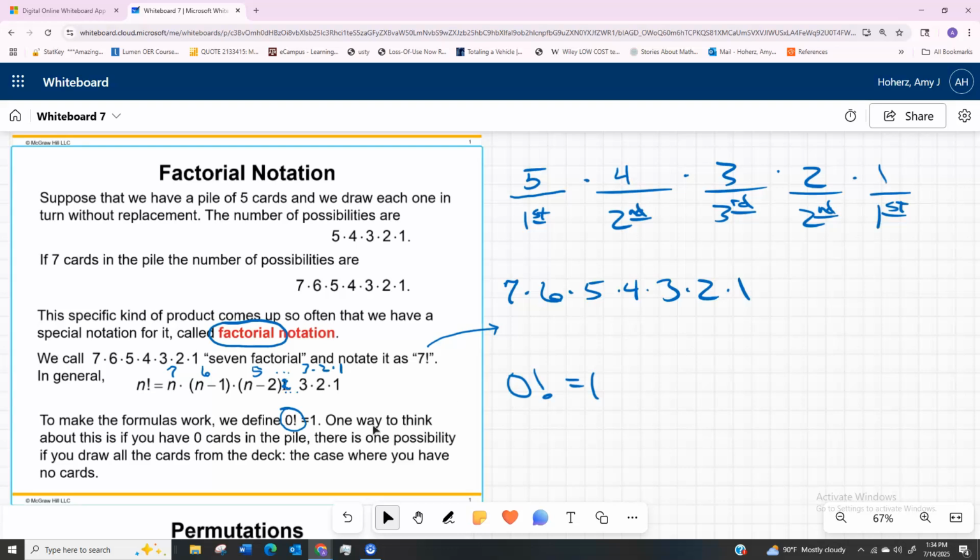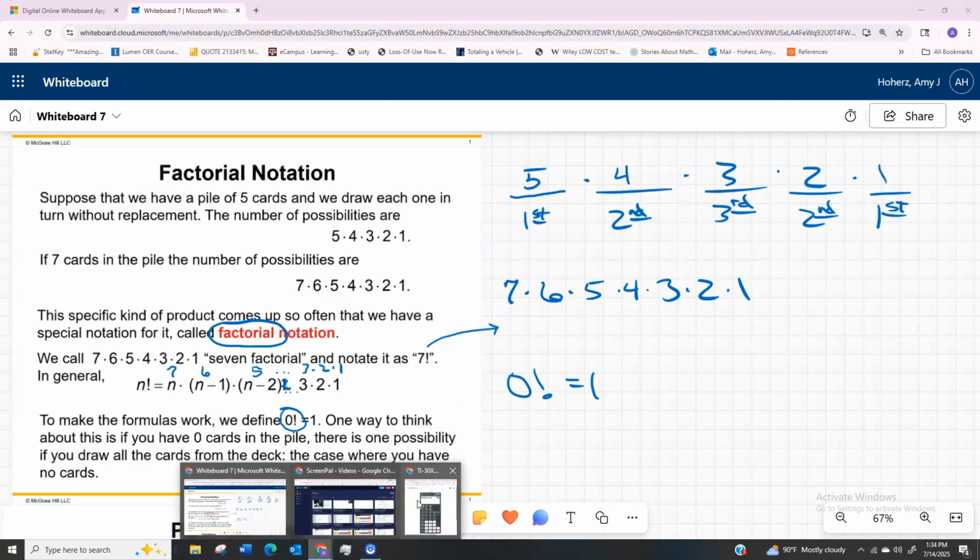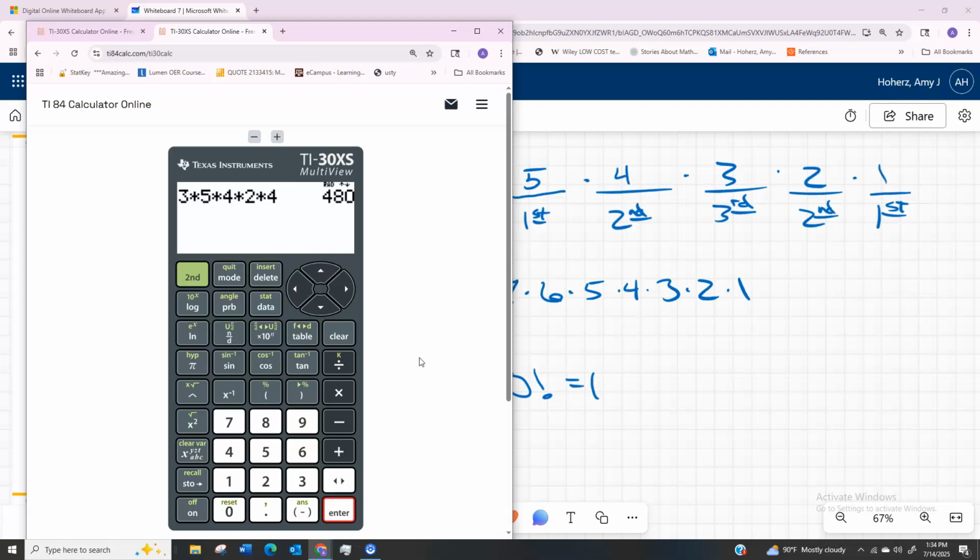So the factorials on your calculator, on most calculators, there's going to be a separate button somewhere that has a factorial symbol on it. On this calculator, it is actually under another button.